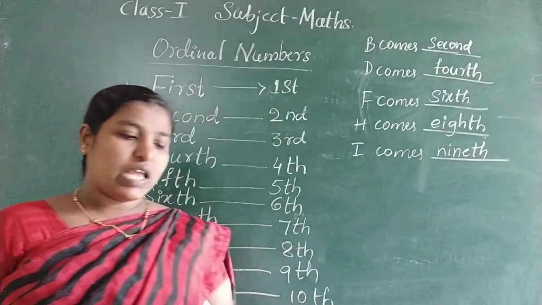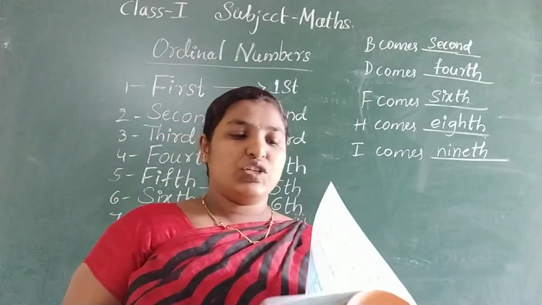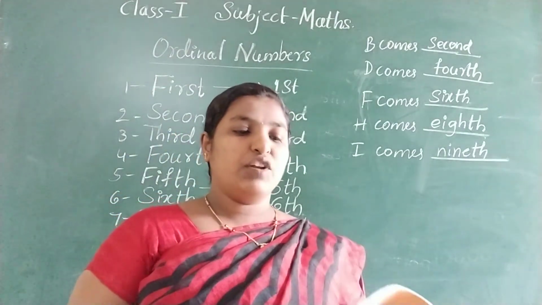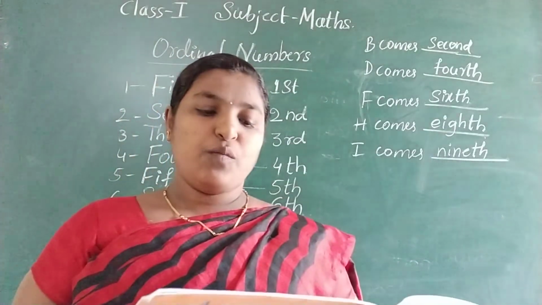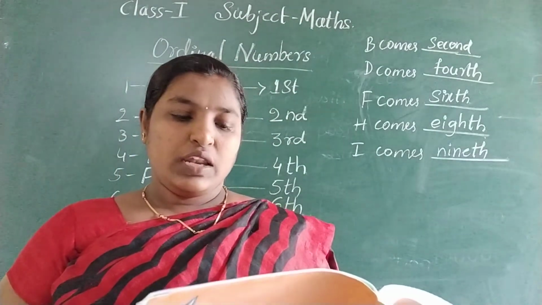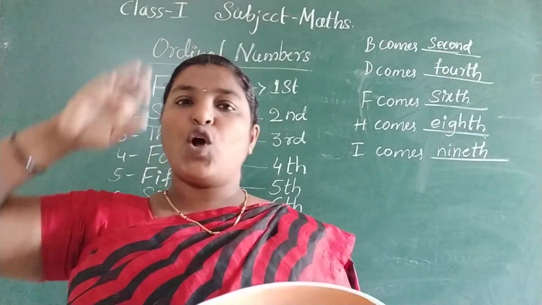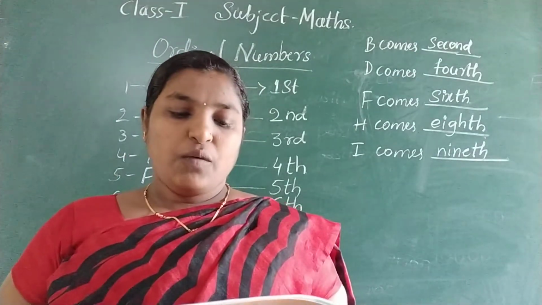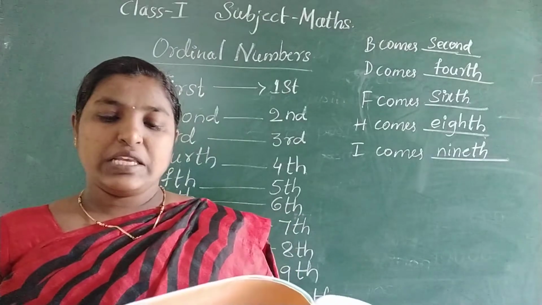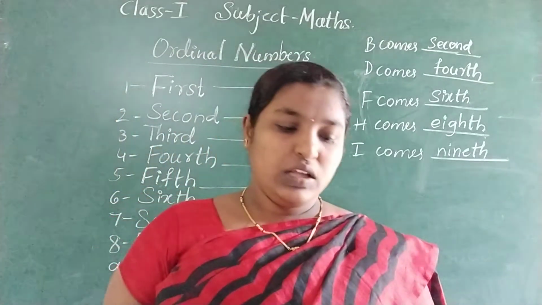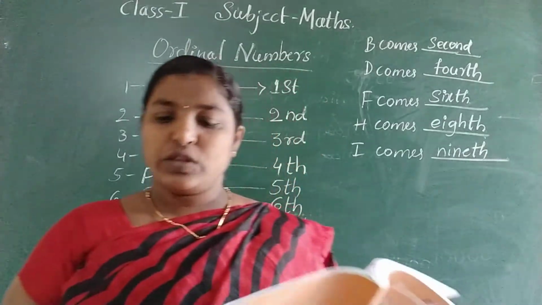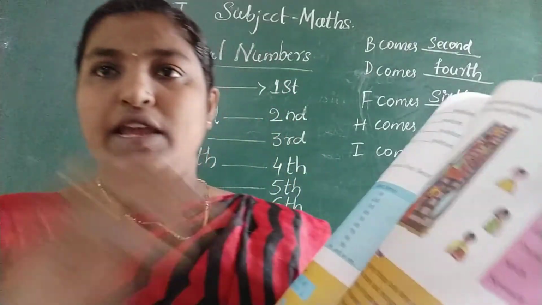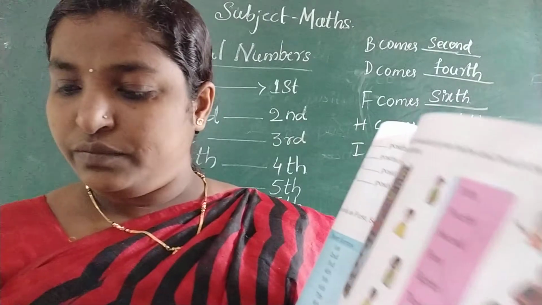Next, see this side. Observe the pictures of the escalator given below and match the people with their positions from the bottom. Now from the bottom to top we should discuss. From the bottom, the first place is a woman with a file in her hand. So she is first, they have matched already.